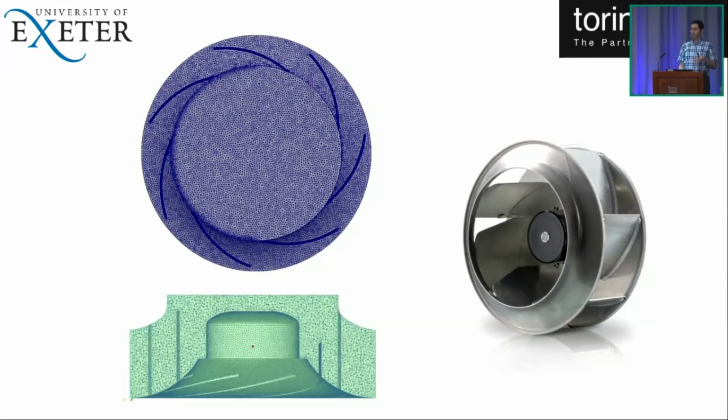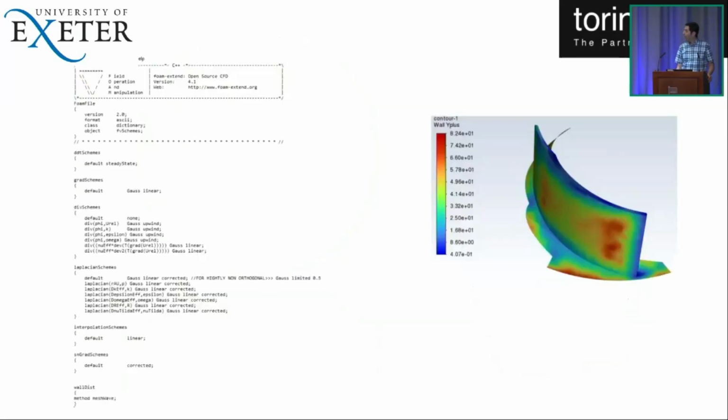So I went through different investigations, different cases. I generated mesh with different packages, and I don't name them. I also solved them with Fluent, Star CCM, and also OpenFOAM.